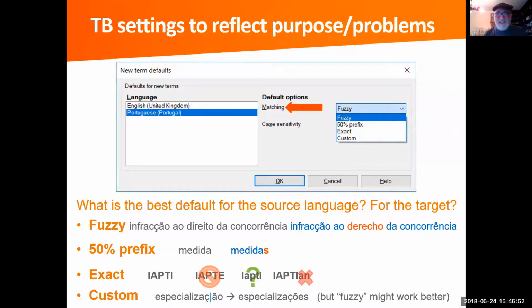Some of it is easy to understand, and some of it is a little subtle and takes some time getting used to. Also, no matter how well you understand these matching and case sensitivity properties, you're going to run into documents where what you think of as the best way doesn't fit, and you have to adjust an individual word.